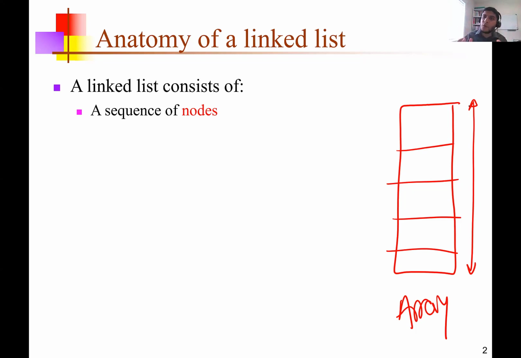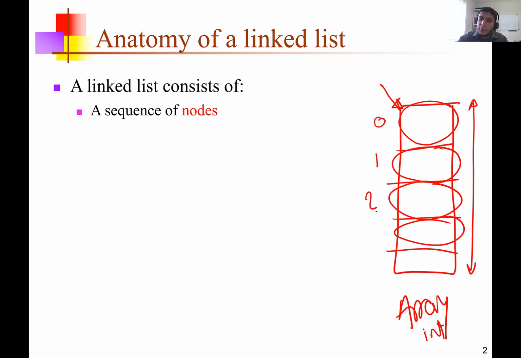If you think about it, you have multiple entries, all of the same type. For example, if this is an array of ints, once you have the pointer or the reference to the first element, you are able to access all the elements one by one. How? Simply by the index. Why is that possible? Because they are placed after each other in memory.